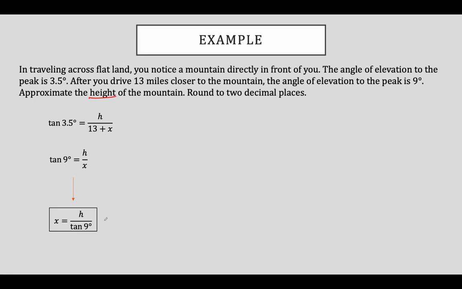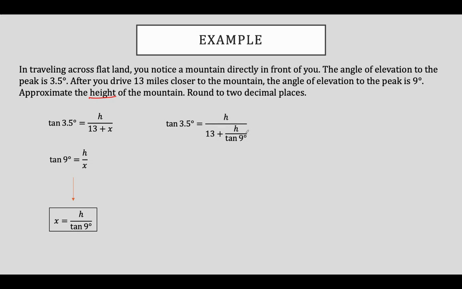Next, we now need to substitute that quantity in for x into our other equation. That gives us the tangent of 3.5 degrees is equal to h divided by 13 plus h over the tangent of 9 degrees. All right, so we're trying to solve for h. In this case, we have h's in a denominator of our fraction.